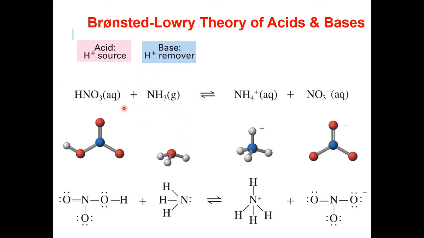Sorry, not ammonium. Ammonium's right here. The acid is going to give its hydrogen to the NH3. The NH3 is going to accept it, and our products will be ammonium ion and a nitrate ion. This is your proton acceptor, so this is your base, and this is your proton donor, this is your acid.